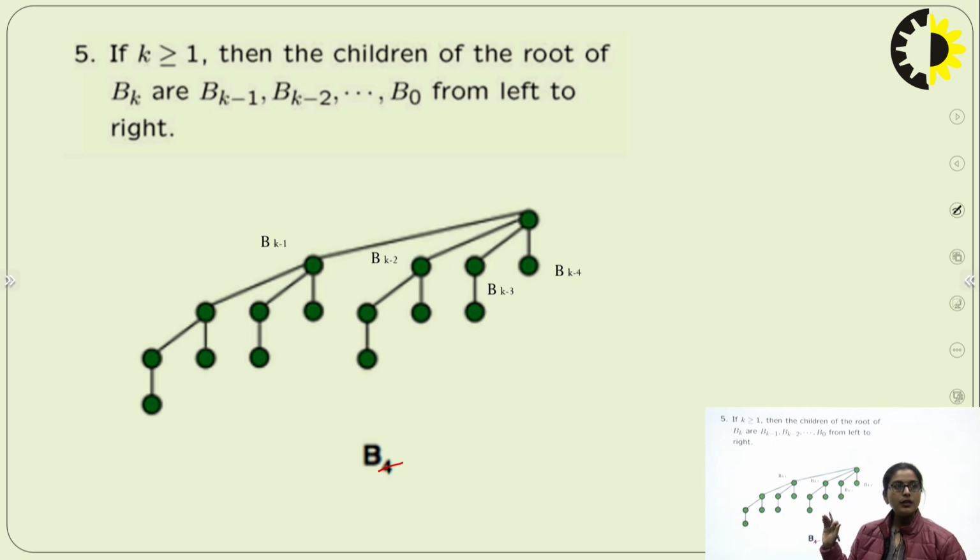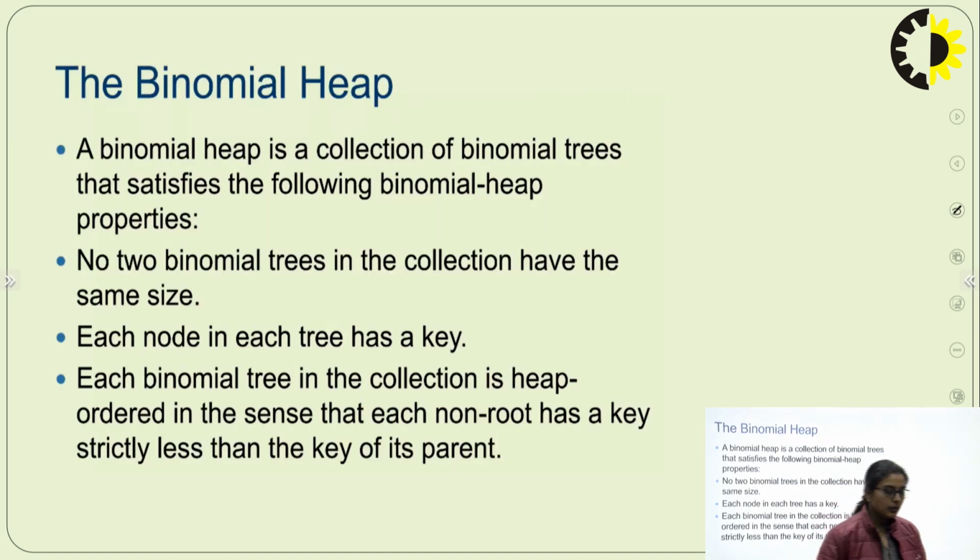As we know, the value of k is 4, so in this way: Bk minus 1, Bk minus 2, Bk minus 3, up to Bk minus 4. If we put in the value of k, then this particular situation arises.